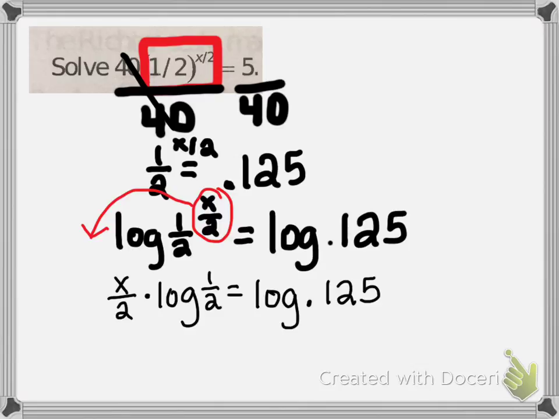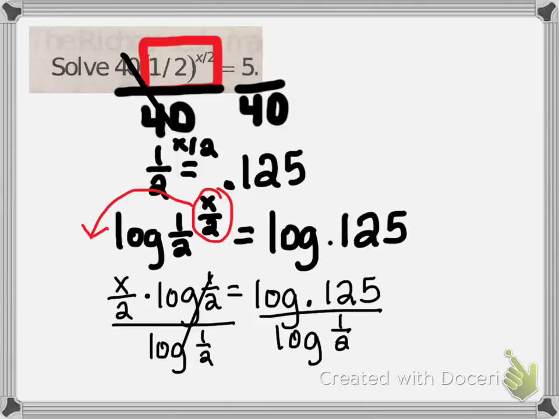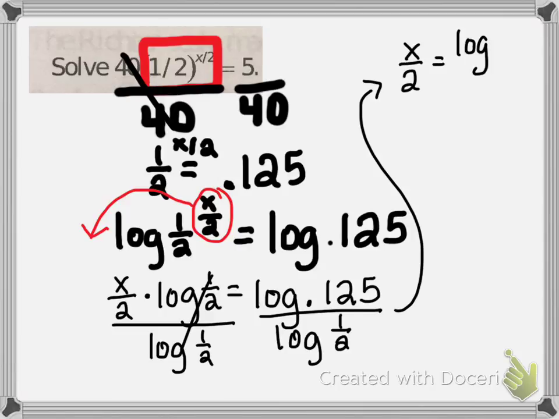So really at this point we just need to simplify, and we can plug this information right into our calculator. So I'm going to go ahead and divide by the log of 1/2. In doing that, I'm going to bring my information back up here. I have x over 2 equals the log of 0.125 over the log of 1/2.